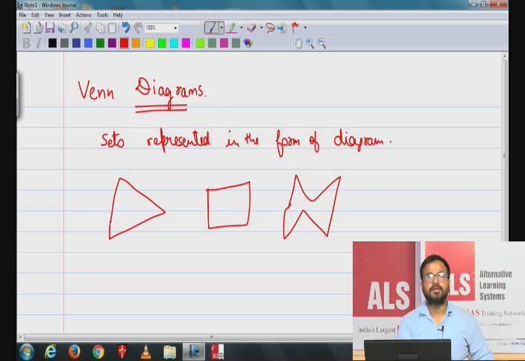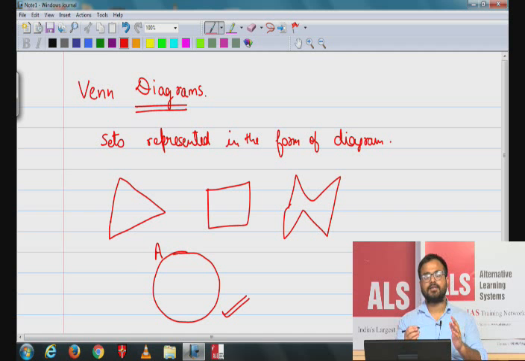In general, we denote the Venn diagram with the help of a circle. Now, what does that circle represent? Let's say the name of the circle is A, and it represents all the students in the class who are studying mathematics.